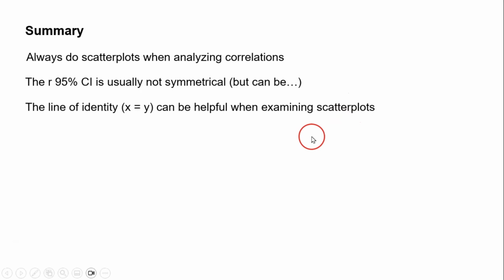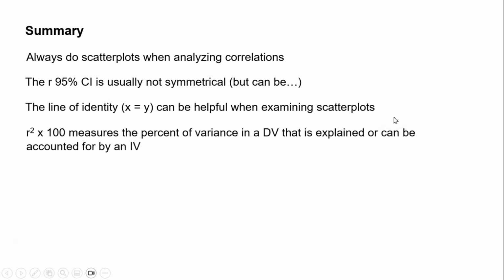The line of identity, x equals y, can be helpful when examining scatter plots. R squared times 100, which is the coefficient of determination, measures the percent of variance in a dependent variable that can be explained or accounted for by an independent variable. So make a note of that. That'll come up again when we do the chapter on regression.